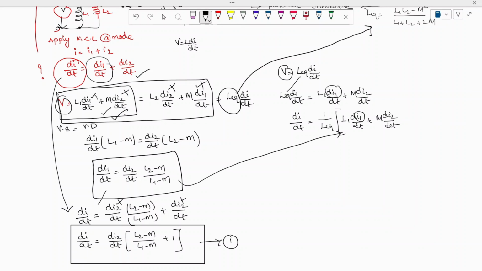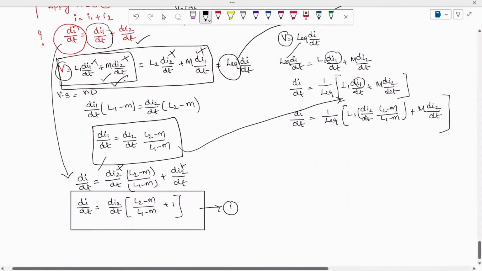Substitute di1 by dt in terms of I2. Therefore I can write di by dt is equal to 1 by L equivalent of L1 into di2 by dt of L2 minus M divided by L1 minus M plus M into di2 divided by dt. This is the ultimate equation.